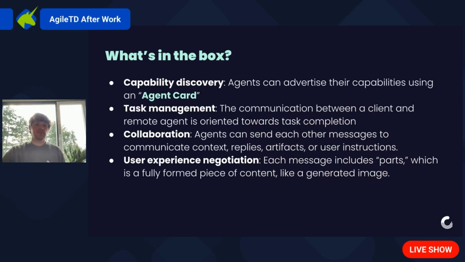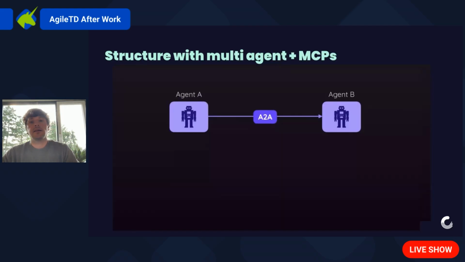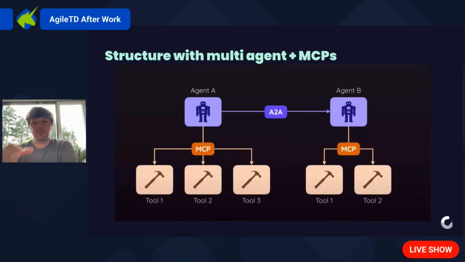I will not go into too much detail, but the big value proposition are the agent cards. And this is what makes it very complementary to MCP. But you can also use it in combination with MCP.